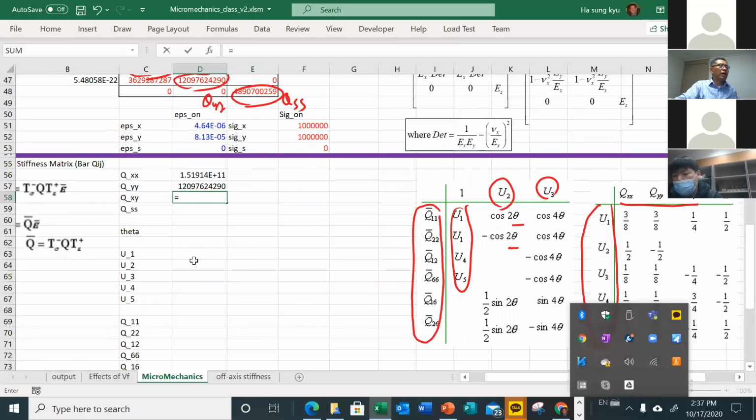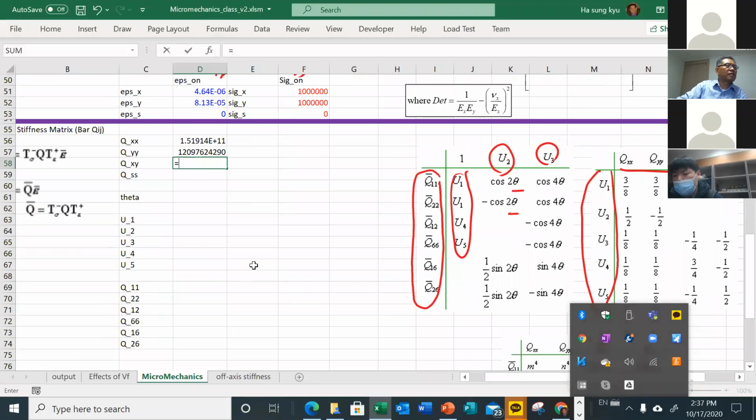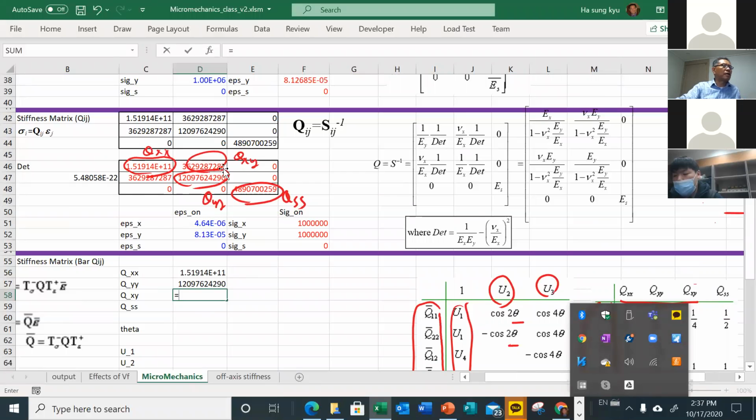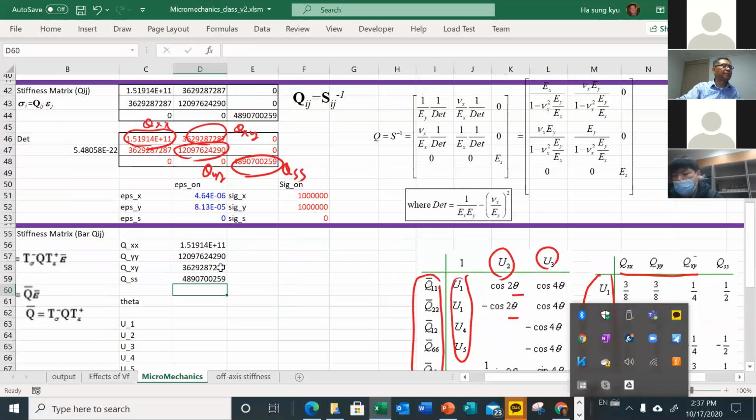So we are programming how to calculate the off-axis stiffness using the own axis, and the own axis is defined from here. QXY will be these terms, and QXS is from here. And as we noticed, the others are all 0.